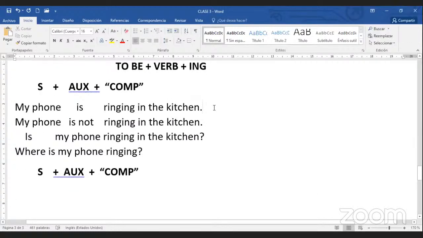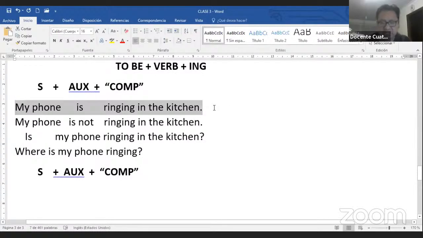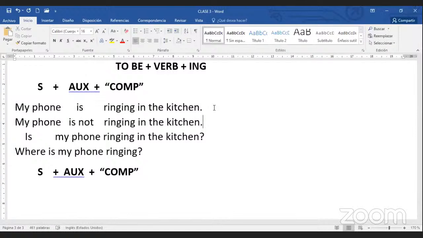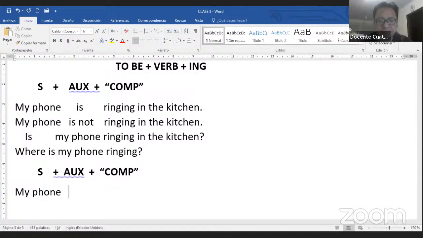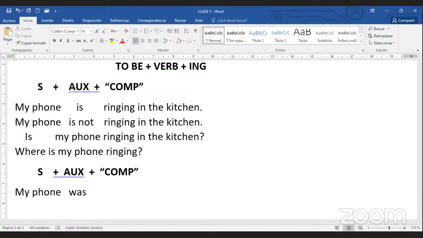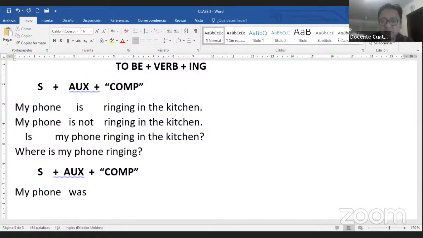So, what's the idea in the past for the same sentence? My phone is ringing in the kitchen. That's present. The same idea in the past. My phone... Where is plural? My phone is singular.